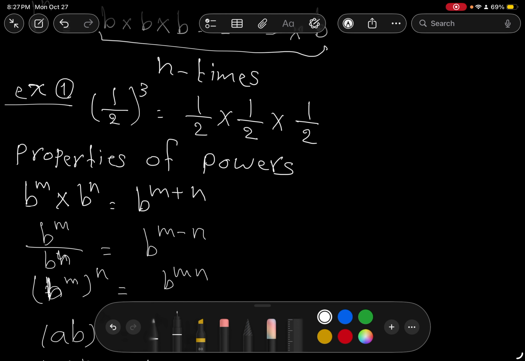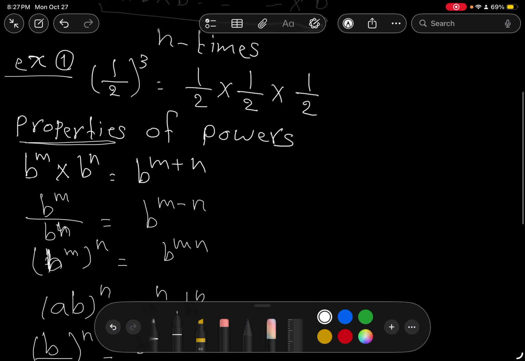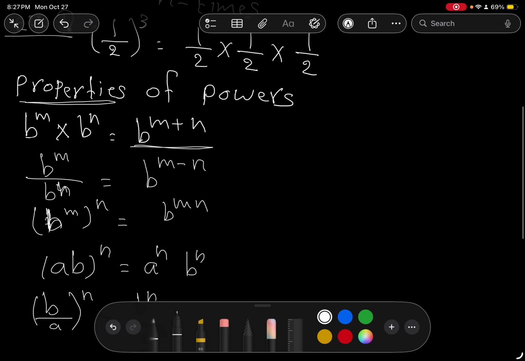So what are the properties of powers? We have properties of powers. First, b to the mth times b to the nth equals b to the m plus n. In multiplication, we should find the sum of the exponents. b to the m over b to the n equals b to the m minus n.